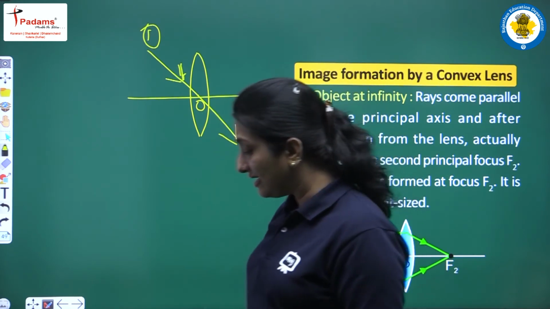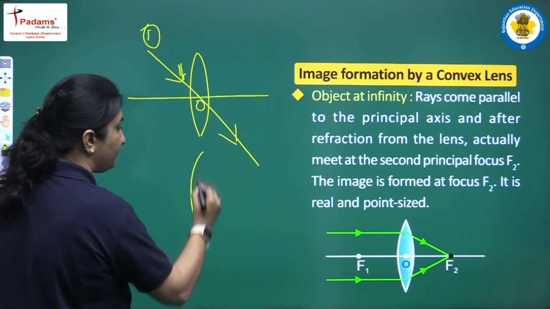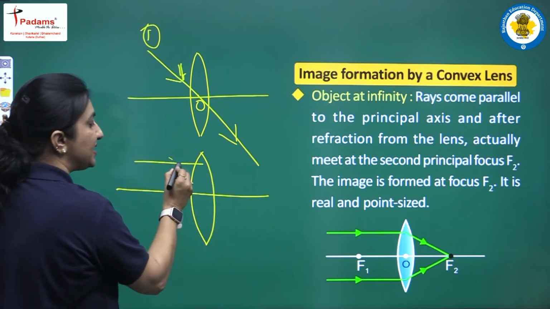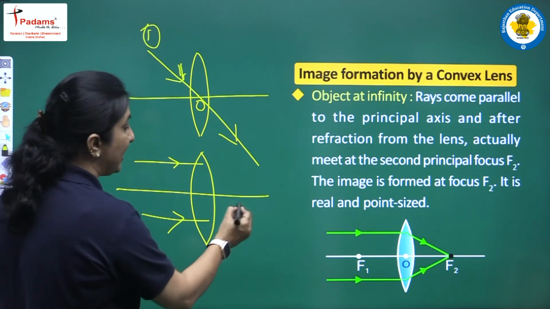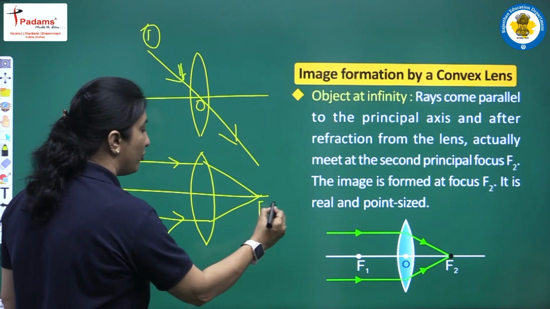Second, what we saw was that any ray of light which is incident parallel to the convex lens gets converged at the focus point.